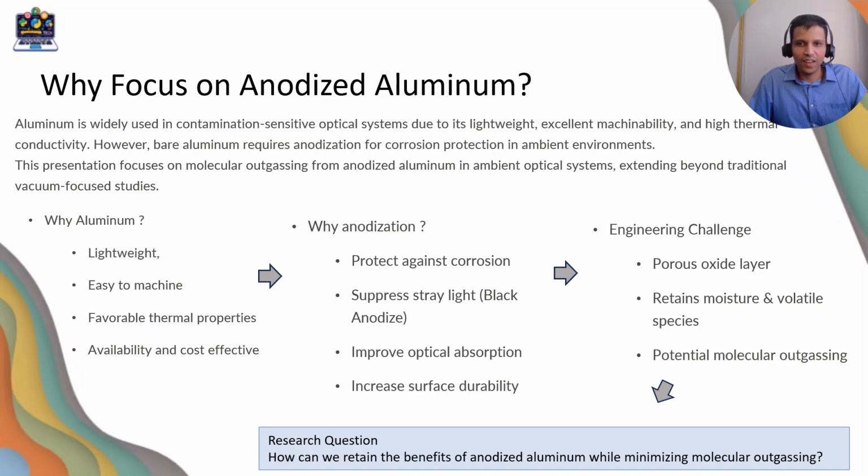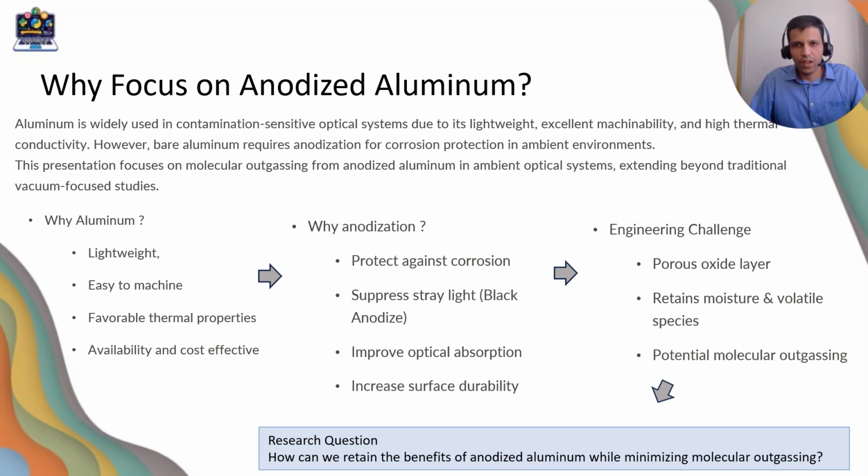So that's the challenge. In this presentation, we look at how we can retain the anodized aluminum benefits while minimizing this molecular outgassing. That's the key question we are trying to address here.